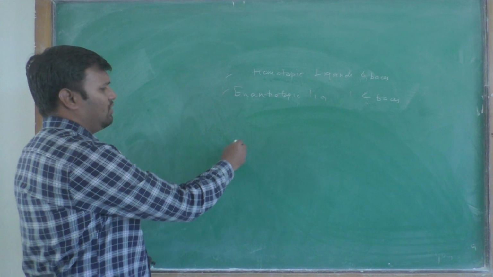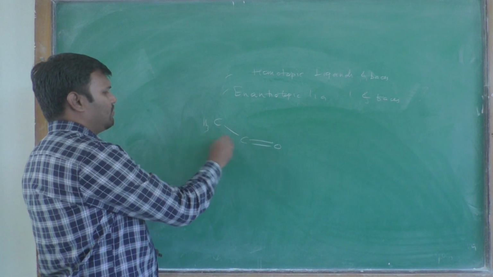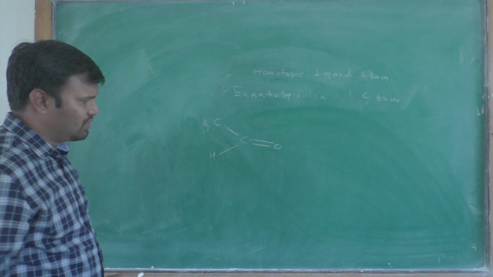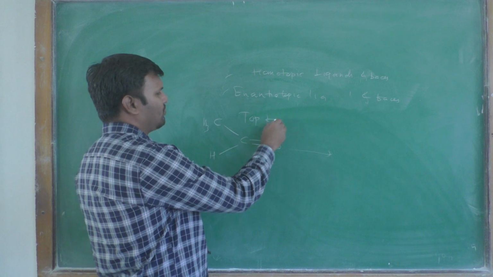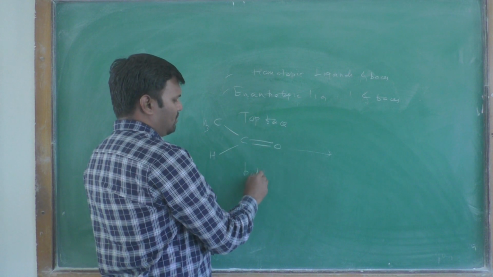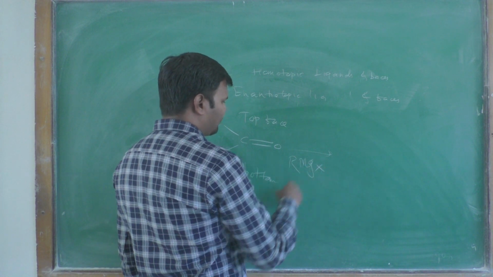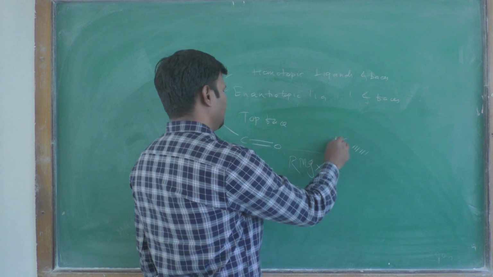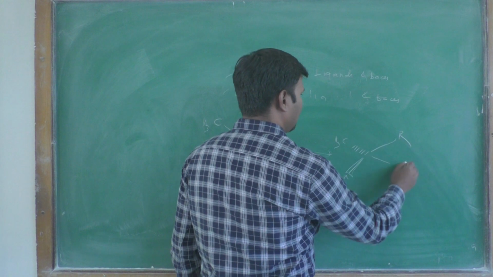By substitution, you can find out whether your groups or atoms are enantiotopic. Suppose we have such a group, and you add RMgX from the top face and from the bottom face. Therefore you obtain a CH3 chiral center.